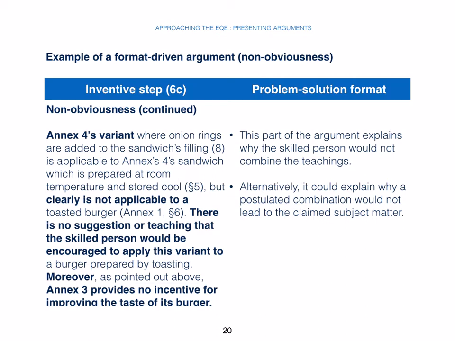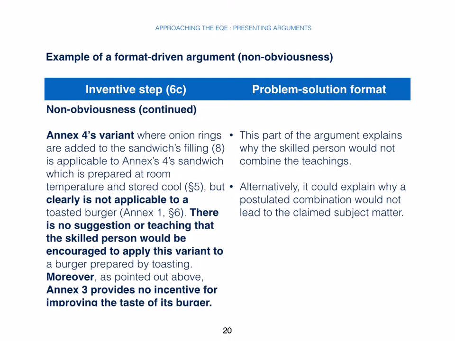And the argument reads on, Annex 4's variant where onion rings are added to the sandwich filling is applicable to Annex 4's sandwich, which is prepared at room temperature and stored cool, paragraph 5, but clearly is not applicable to a toasted burger, Annex 1, paragraph 6. There is no suggestion or teaching that the skilled person would be encouraged to apply this variant to a burger prepared by toasting.